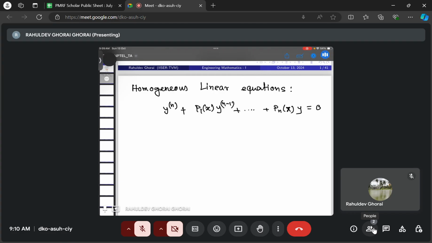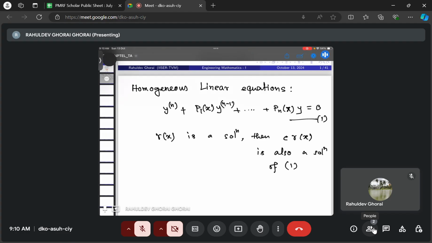What you can observe here is that if R(x) is a solution, then any constant multiple C times R(x), where C is any real number, is also a solution of this homogeneous linear differential equation.